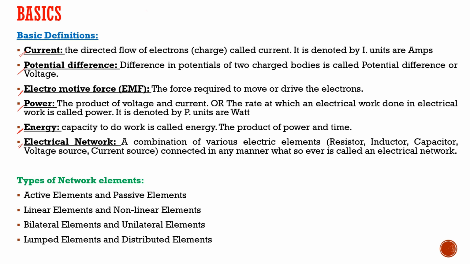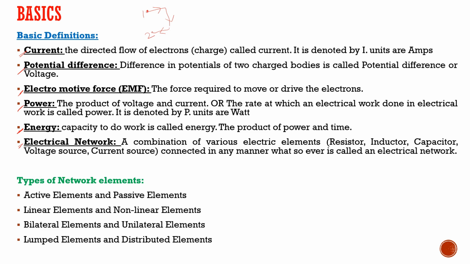Basically, if you consider two points like this, this is point 1 and suppose this is point 2. So current is nothing but the flow of electrons from point 1 to point 2. Very simple. So current must have a direction, and you already know basically it is the flow of electrons.